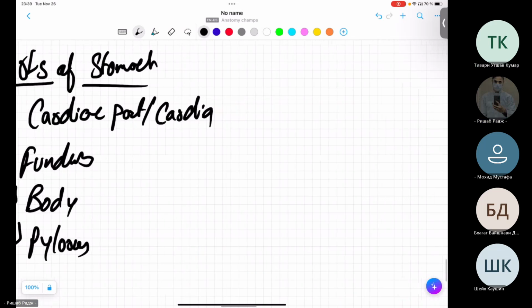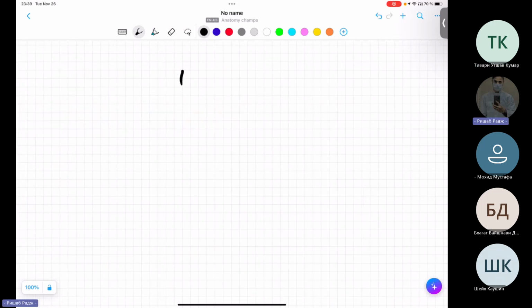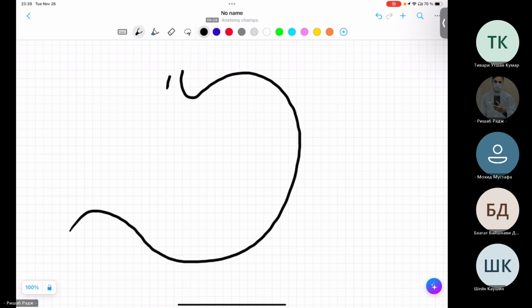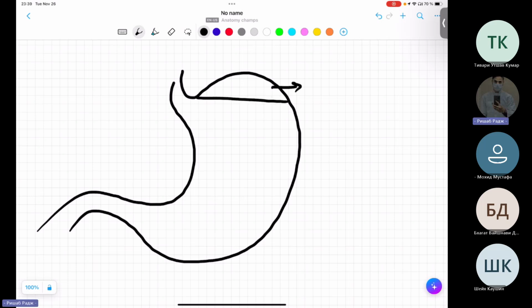Let's draw each of the parts. Suppose this is your stomach. The part that you see here is known as the fundus.